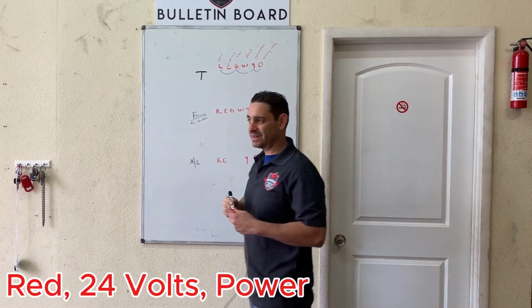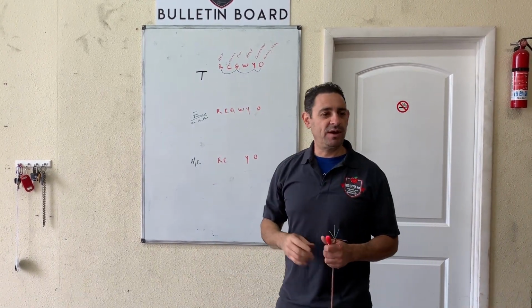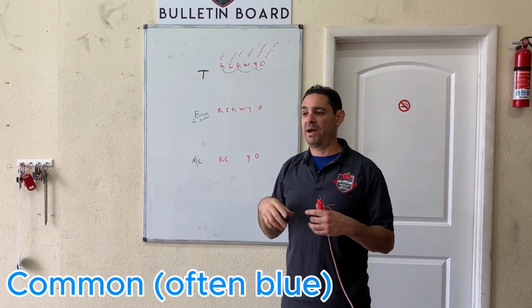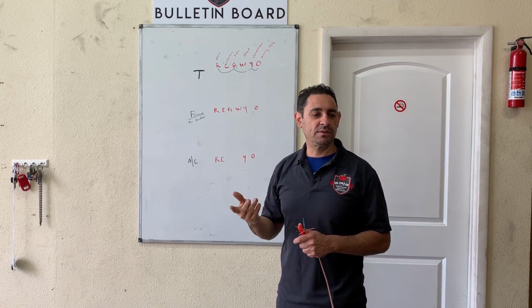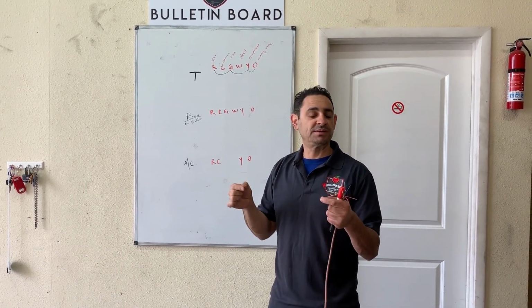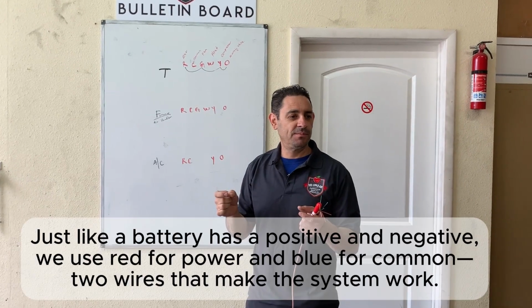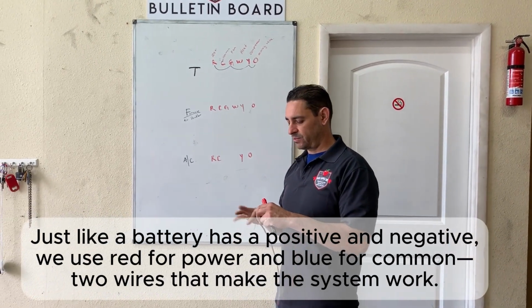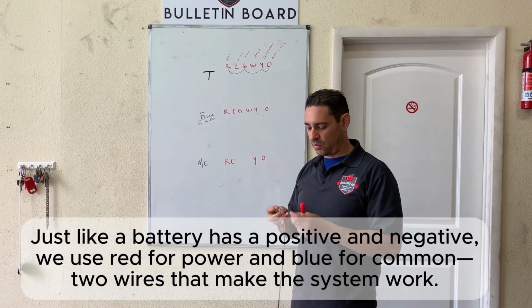And common is kind of like in a battery. You know how a battery has a plus and a negative? In order for you to power your little remote control car, both sides have to touch, the positive and the negative. It's the same thing with these 2 wires.